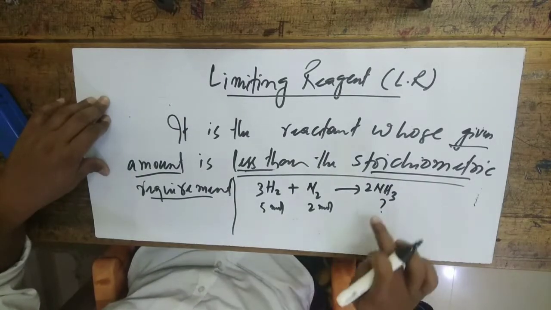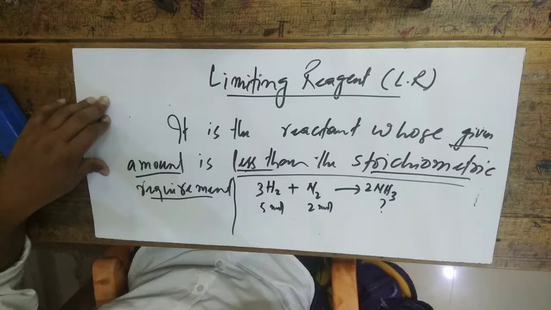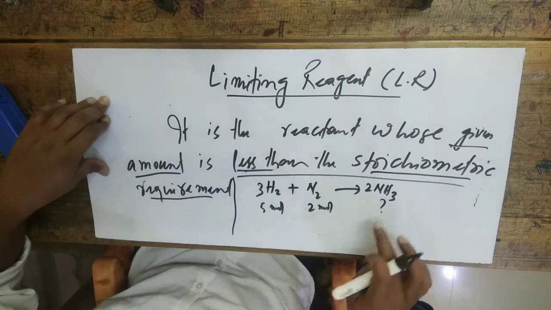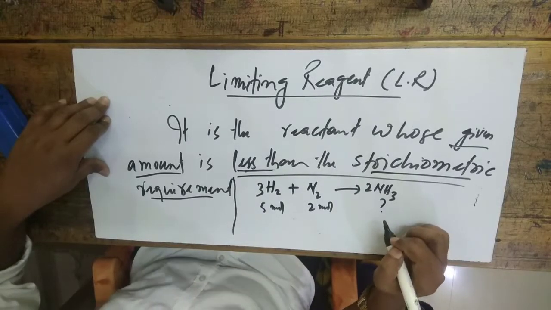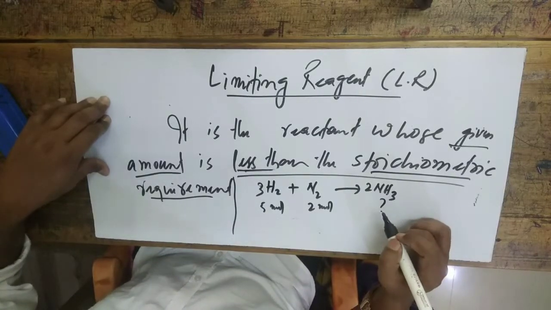And if ammonia in terms of mole is known, then we can calculate the mass of ammonia produced, or the number of molecules of ammonia produced.